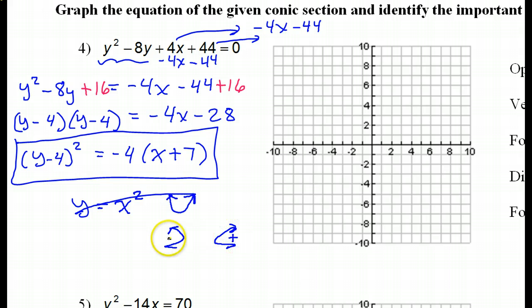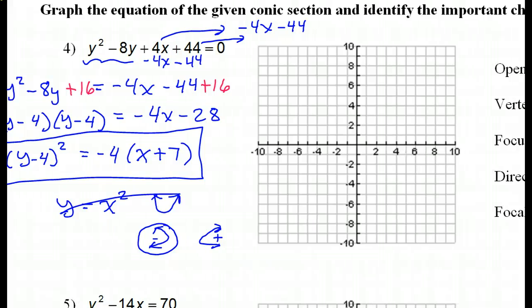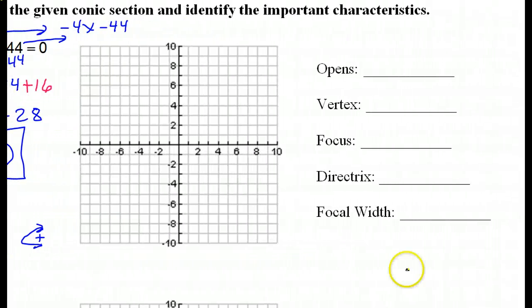Okay, to the right is positive and to the left is negative. Because we have a negative 4 here, that means we're going to the left. Notice the minus 4, the plus 7 have nothing to do with it. It's all about the minus 4 right there. Okay, so it opens to the left.